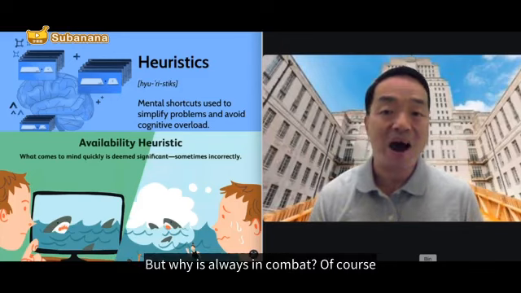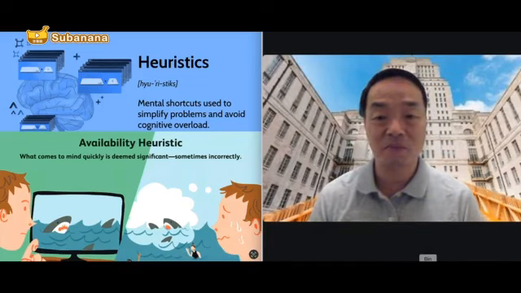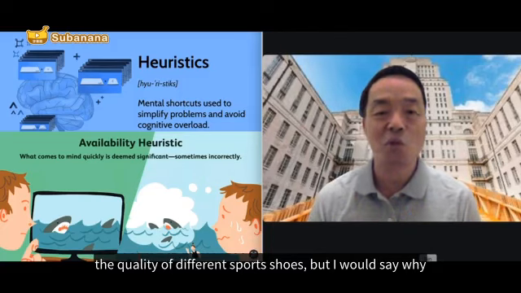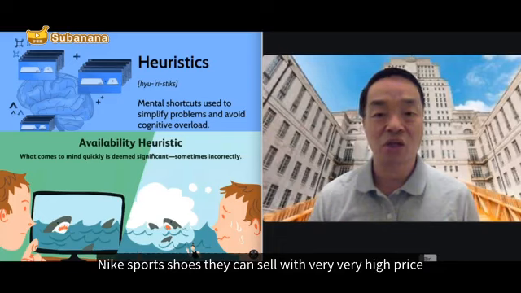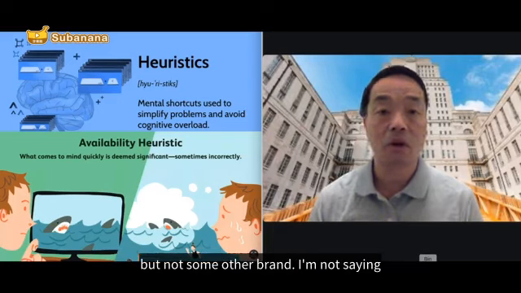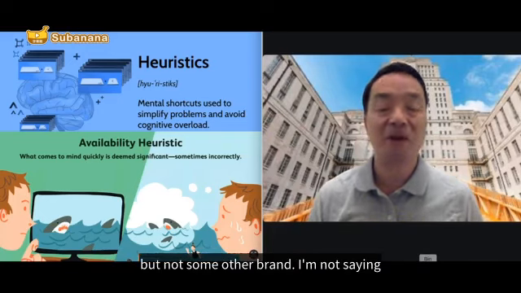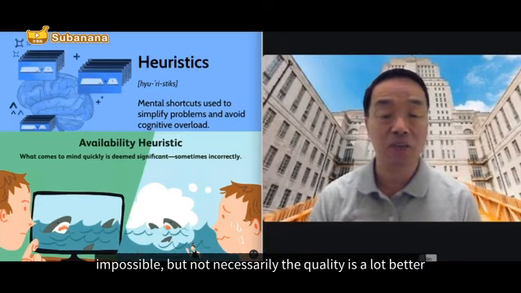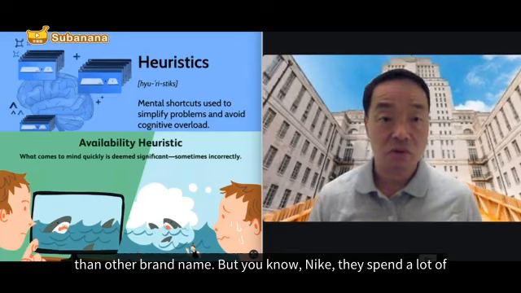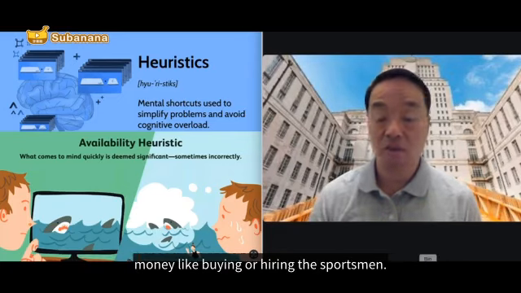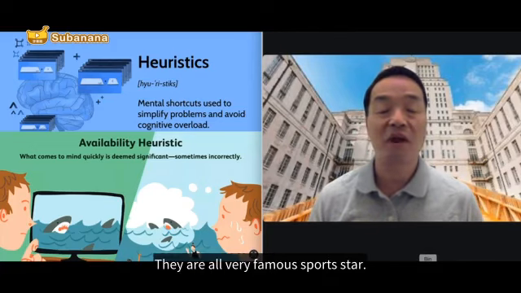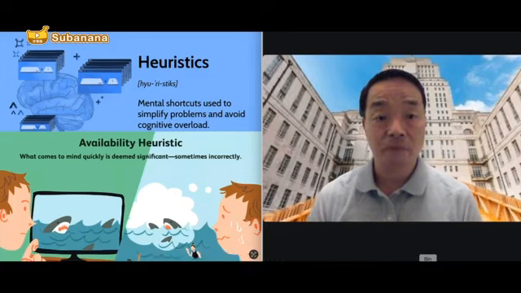But why is it always incorrect? Of course, Nike sports shoes, I don't really know the quality of different sports shoes, but I would ask why Nike can sell at a very high price, but not some other brand. I'm not saying it's impossible, but the quality is not necessarily a lot better than other brands. But you know, Nike spends a lot of money hiring sportsmen who are all very famous sports stars.